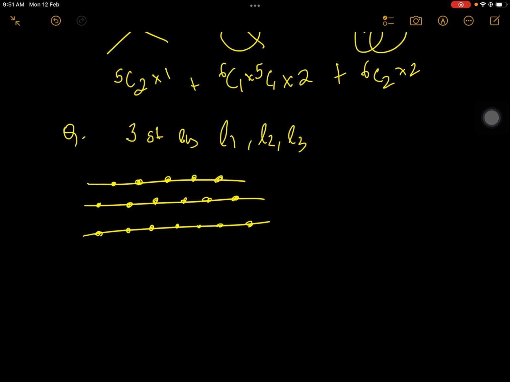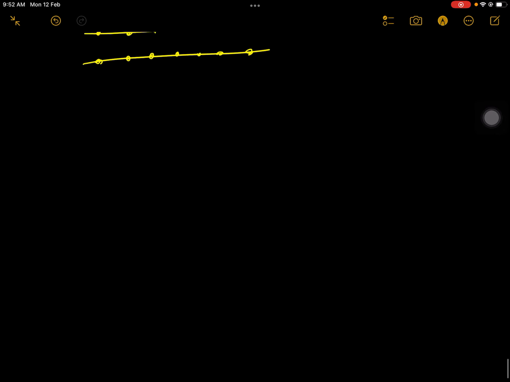What is the maximum number of triangles? So again, the total number of points is 18, so 18C3, minus the cases where the points lie on the same line and form a line, so it's 5C3 plus 6C3 plus 7C3. Easy. Next question.